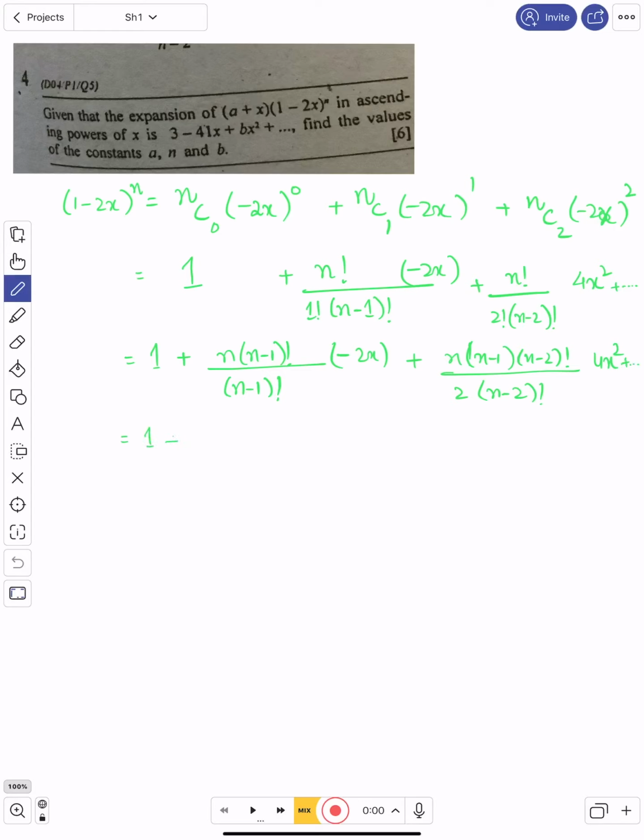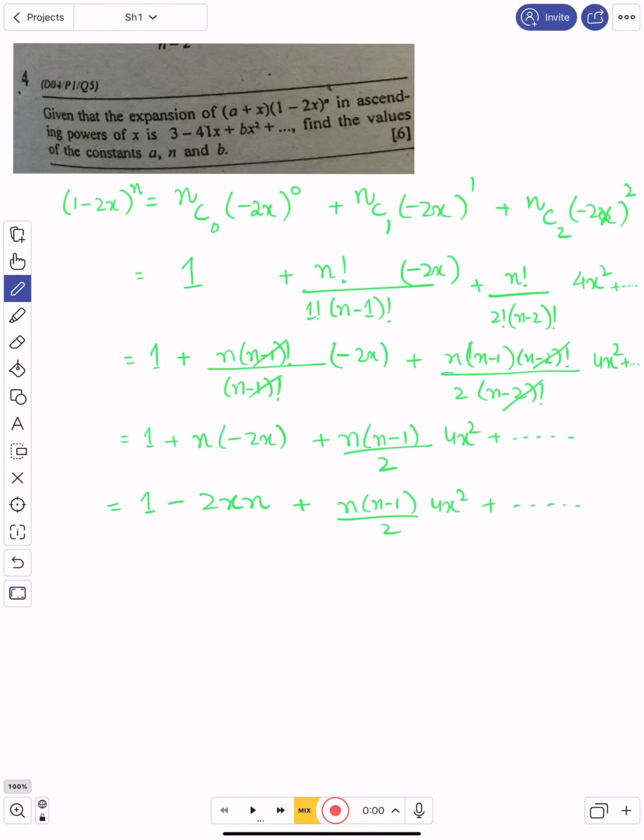Now we further simplify, they cancel out, (n − 2) factorial and (n − 2) factorial you just cancel, and then you are left with, okay, and just go on. Finally in the expansion you get 1 − 2nx + n(n − 1)/2 times 4x squared.